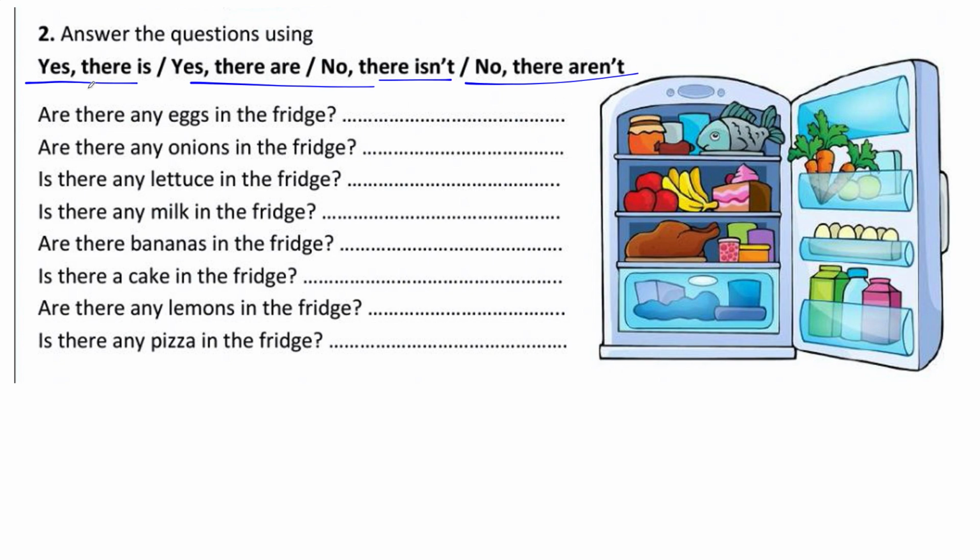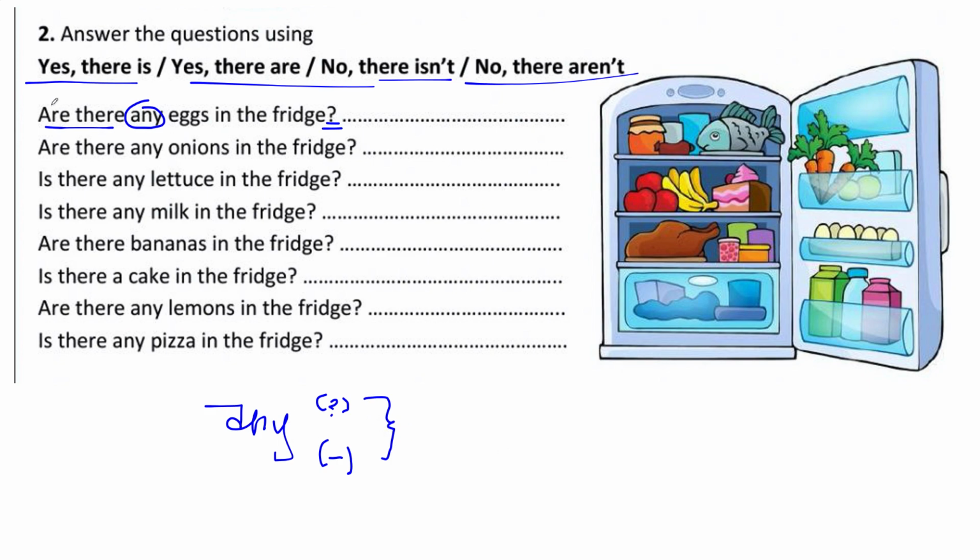So you can say, for example, are there any? Remember, any is for questions and also negative sentences in plural.